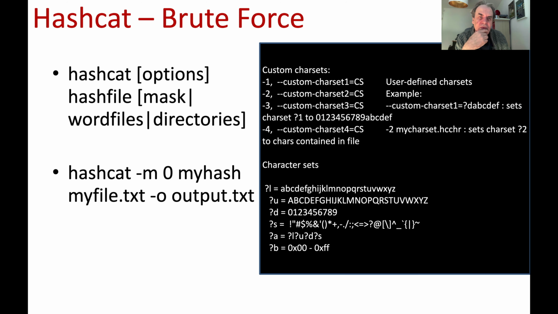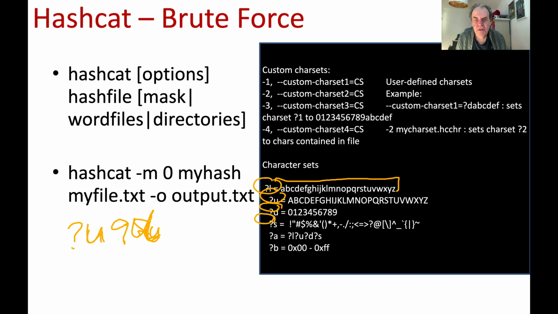But as a fallback, we can go for our brute force, and with brute force we end up with character types. So the ?u identifies uppercase, and then the small ?l is for lowercase.